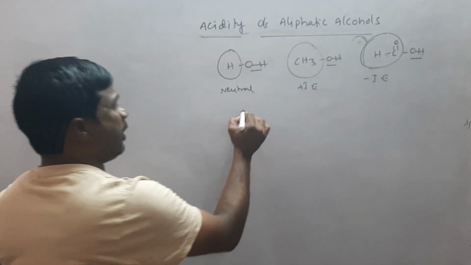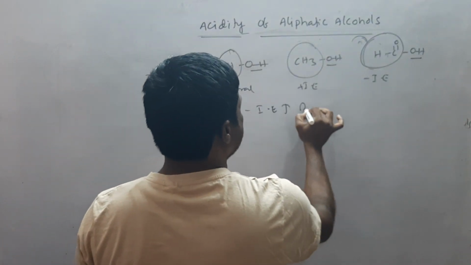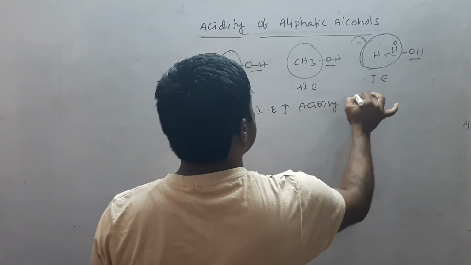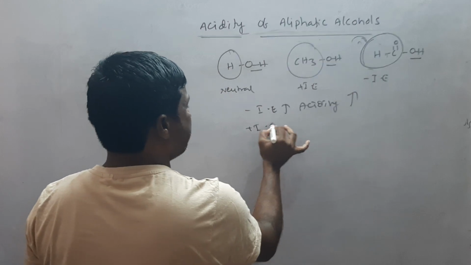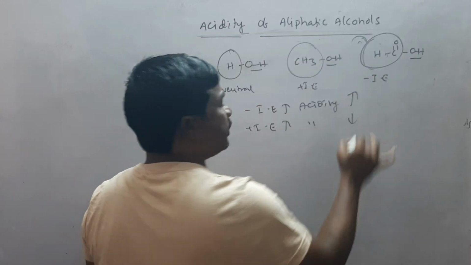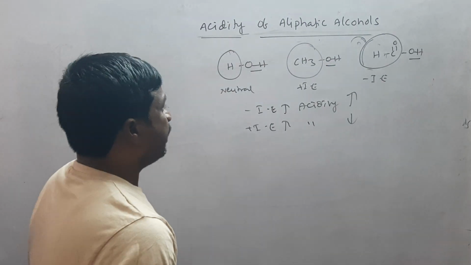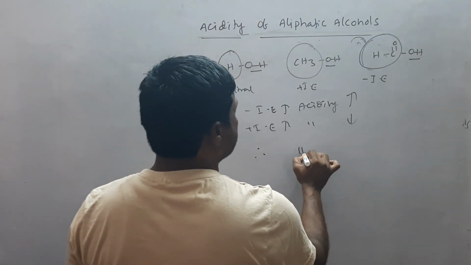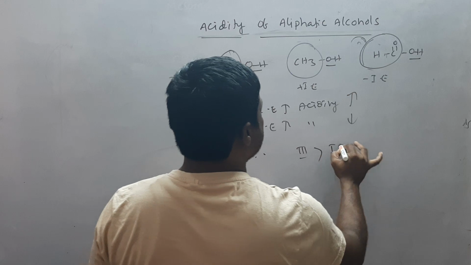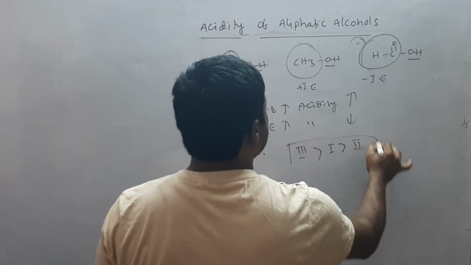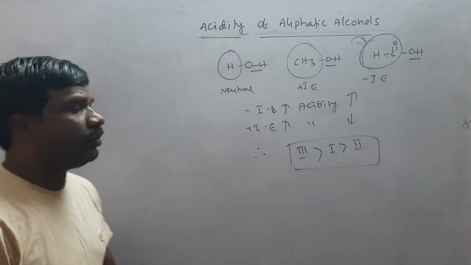So here minus I group increases acidity, and plus I group decreases acidity. Again in this case, the third one is more acidic than the first one, then the second one, because of the plus I group.